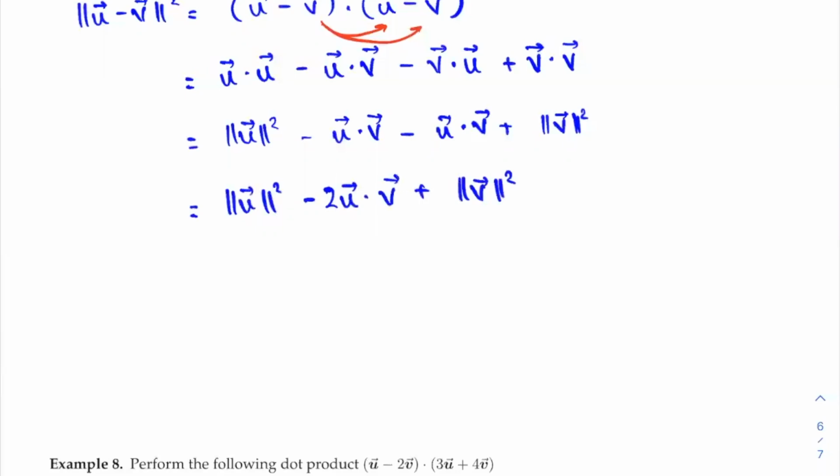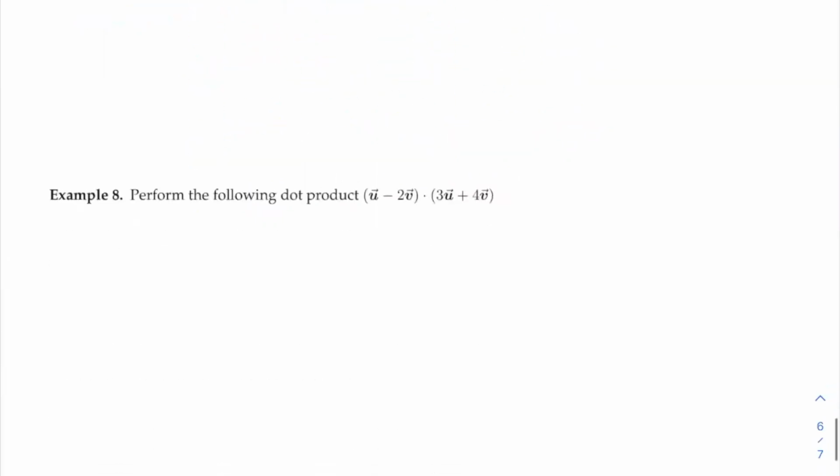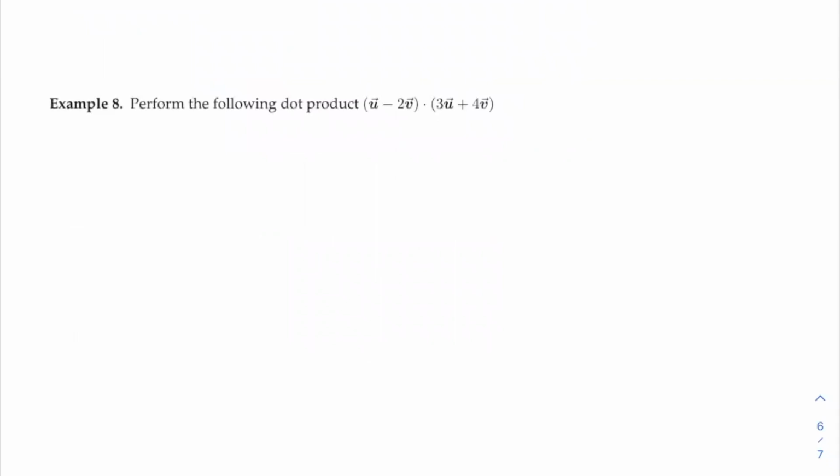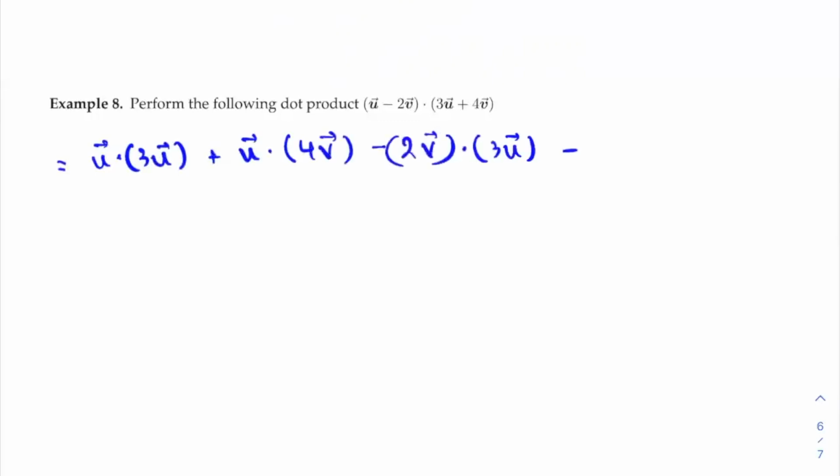Now for example 8, I'm going to do the same thing. You have two expressions dotted with one another, and you're going to use the distributive property. So I get u dot with 3u, plus u dot with 4v, minus 2v dot with 3u, minus 2v dot with 4v.